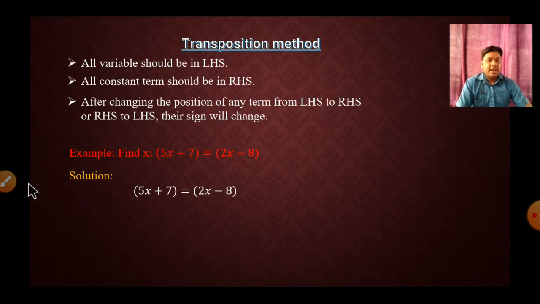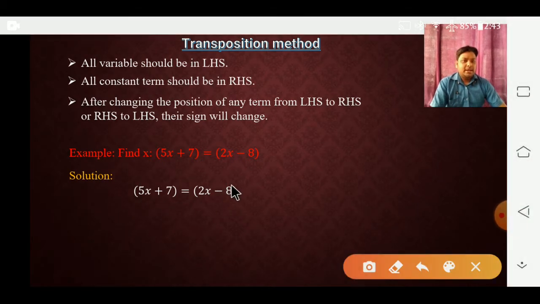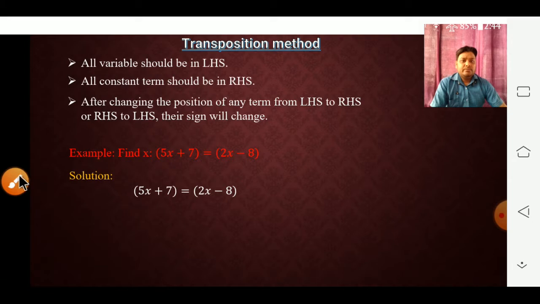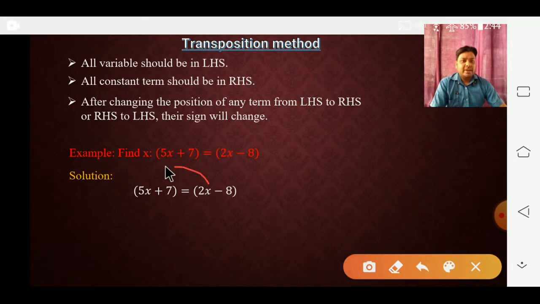It means we will take 2x, the variable, to this side, and we will take 7 to the other side. The 2x has a plus sign and 7 has a plus sign, so 2x will be minus 2x when it comes to LHS, and plus 7 will be minus 7.